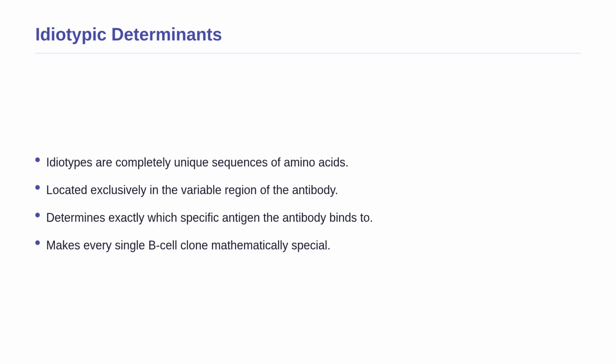The idiotype is what determines exactly which specific antigen the antibody can bind to. Returning to our car analogy, if the isotype is the car model and the allotype is the paint job, the idiotype is the highly specific license plate. This unique binding site is what makes every single B-cell clone special and capable of fighting a specific disease.